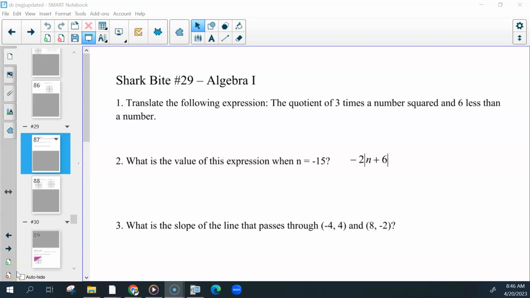Fight first. What questions do you have? If we want to go over some, which ones have questions? I'm seeing a lot of 1s, 2s, and 4s.